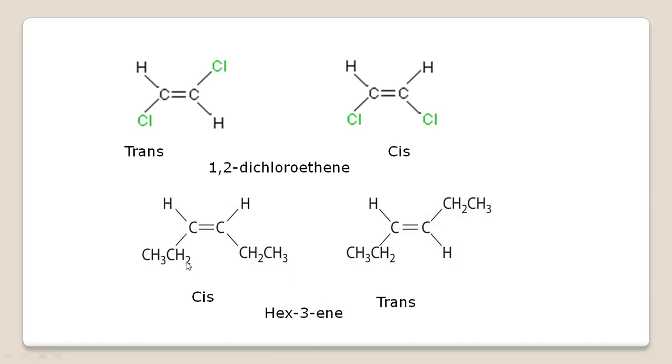Here the similar groups, the CH2CH3 ethyl groups, are on one side, and here the two are on opposite sides. Therefore hex-3-ene, 1,2-dichloroethene or 2-butene show cis and trans structures depending upon the position of the similar groups on one side of the double bond or on opposite sides. This is called geometrical isomerism.